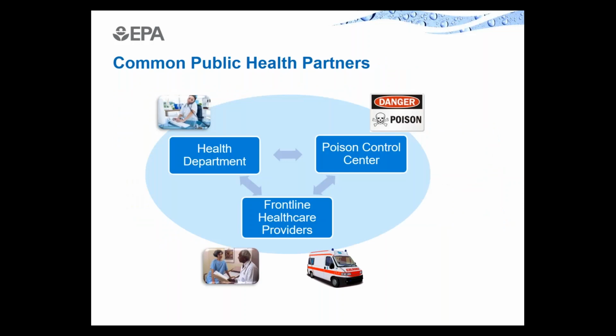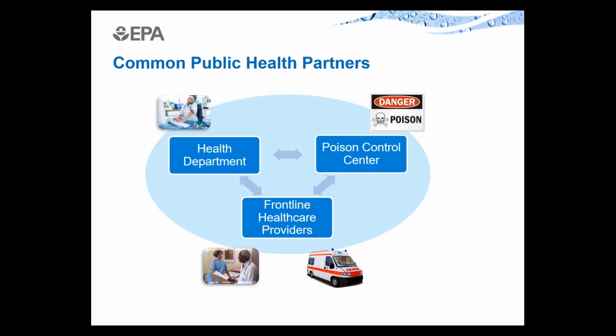So as noted, public health surveillance is typically performed by health departments at the local, city, county, and state health level, and also by poison control centers, and we'll say more about that in a moment. Frontline healthcare providers are involved in this process as well, but their role is typically generating the data that feeds the surveillance systems that are monitored by the health department or the poison control center.